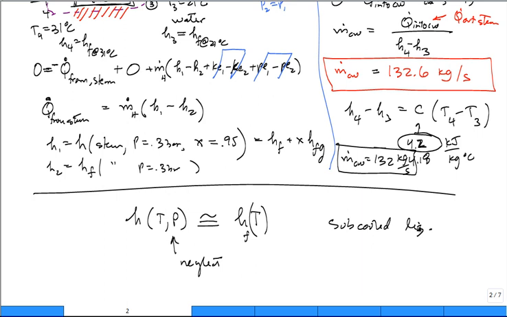But when we're confident it's a subcooled liquid, then you can get a very good estimate of h just by looking up h_f at that temperature. How many students will do this? They'll say, isn't that the same as h_f at the pressure, ignoring the effects of temperature? All right, and there is a difference.